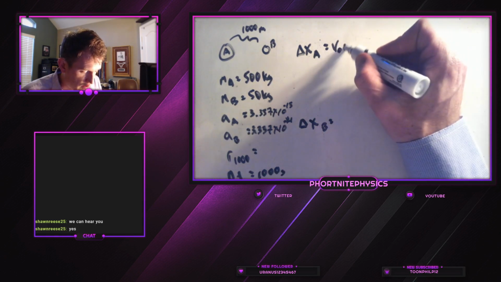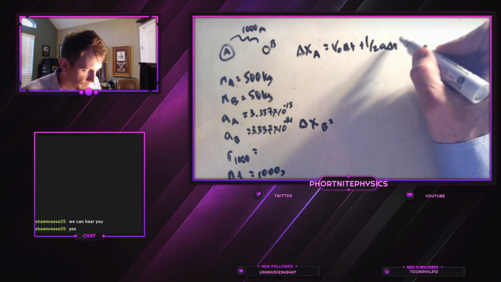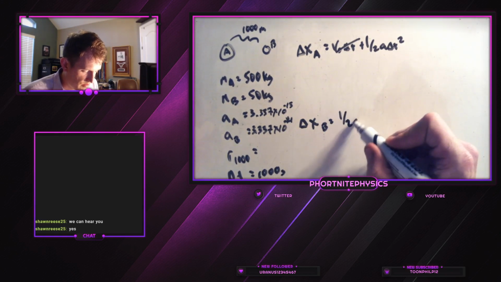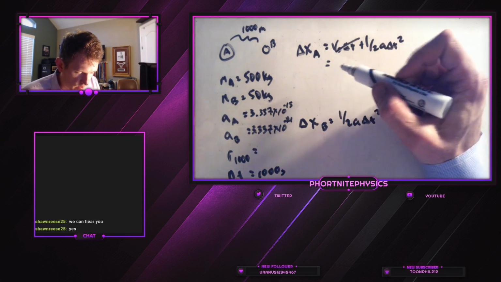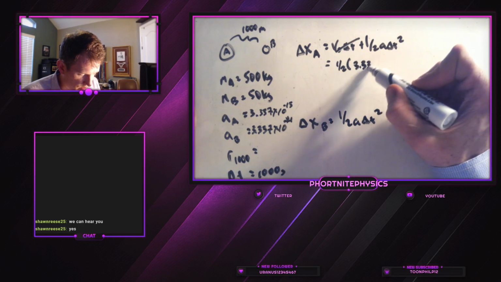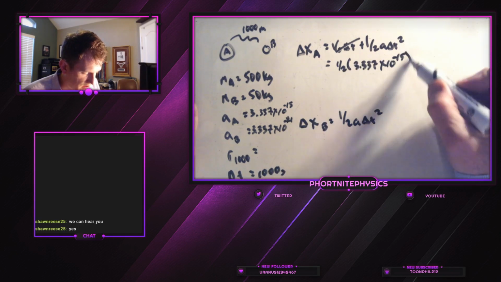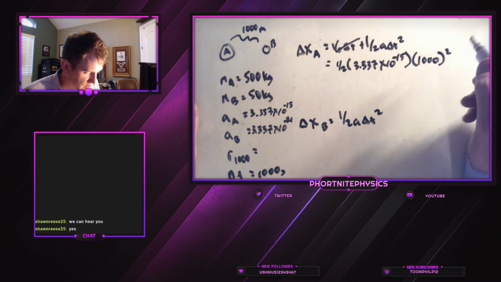Now, here's our all-purpose displacement equation. But as I said, they start from rest, so we can knock that part out. And when we write it down here, we just have this instead. So we have 1/2 times 3.337 times 10 to the negative 15 multiplied by 1,000 seconds squared.